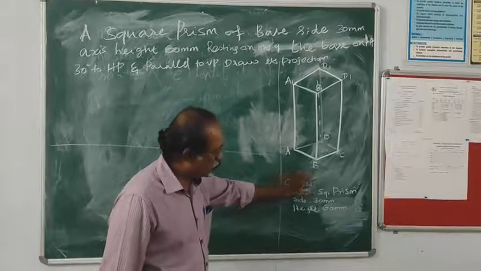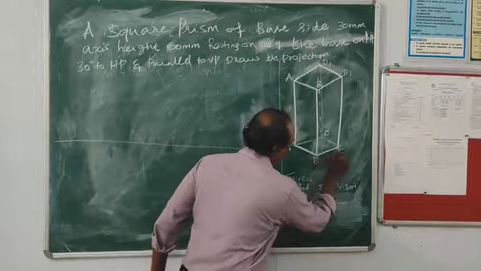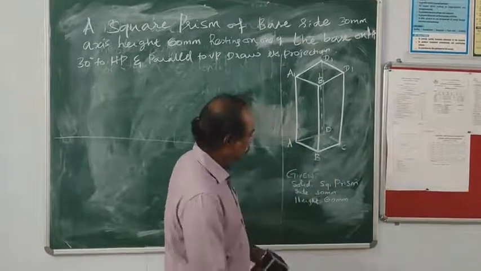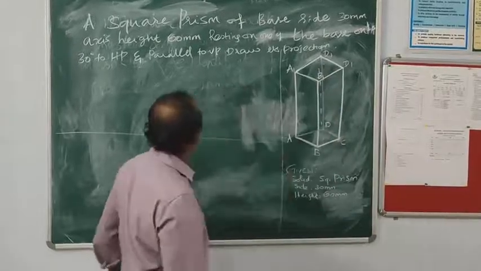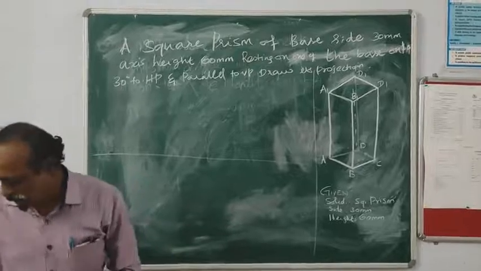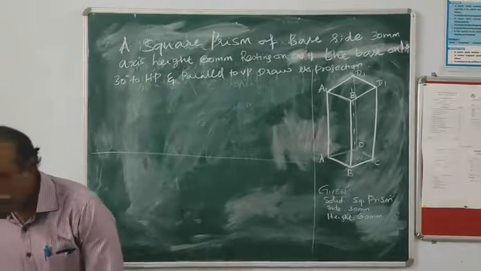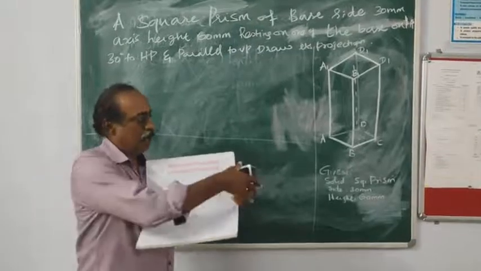The given solid is a square prism. Base side is 30 mm, axis height 60 mm, resting on one of its bases on HP. Assume that this is the vertical plane, this is the horizontal plane.